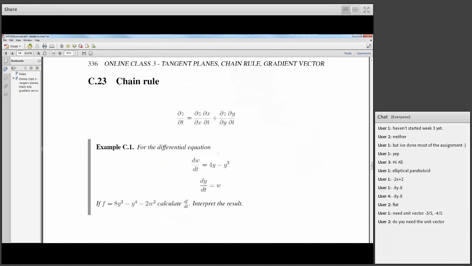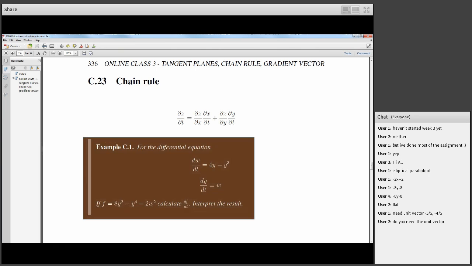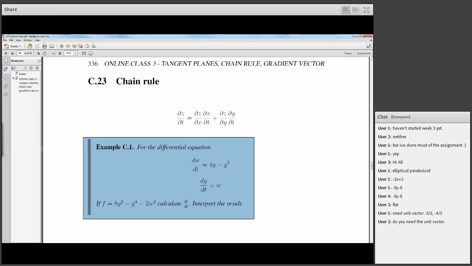Well, that's all right. Other things I want to mention is the chain rule. For functions of one variable, the chain rule just tells you how to take a derivative when you've got a function of a function. When you've got functions of multiple variables, it's the same idea. It's just how you take a derivative when you've got functions of functions.